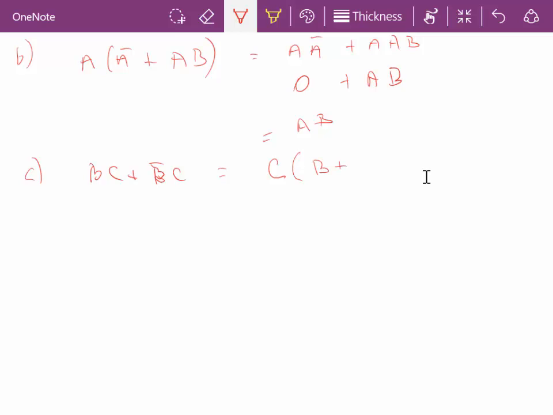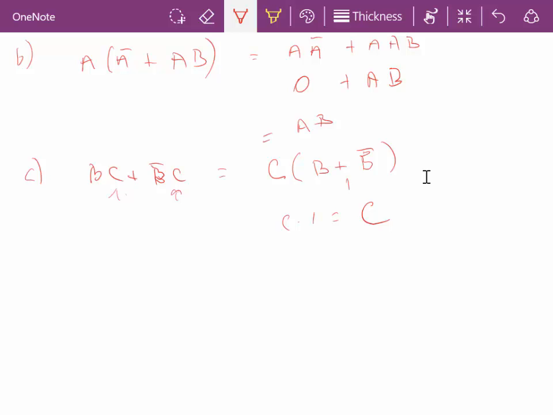B plus B naught, right there. I factor the C out. So B plus B naught is equal to what? 1, correct? So this is equal to 1, so it's C times 1, which is equal to C. B just disappears completely out of this expression.